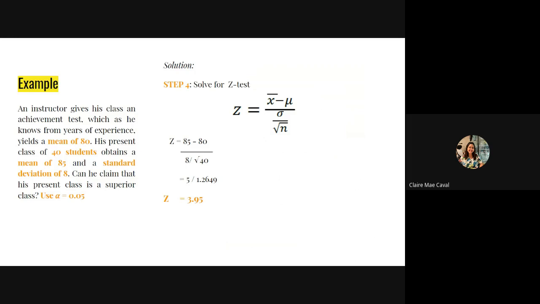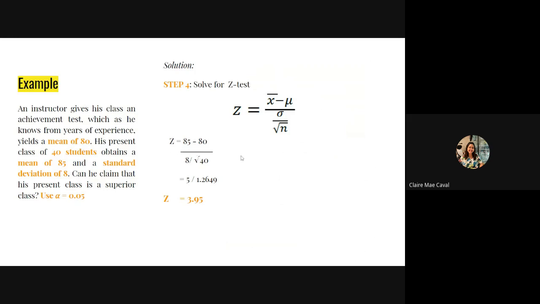So step 4, you solve for z-test, of course, using this formula. I will not already discuss the meaning of each of these symbols. I already discussed this in my previous discussions or topics. So z is equal to, yung mga naka-highlight na orange class, by the way, are the given. So yung x bar, again, this is your sample mean, is equal to 85. Tapos yung population mean is equal to 80.